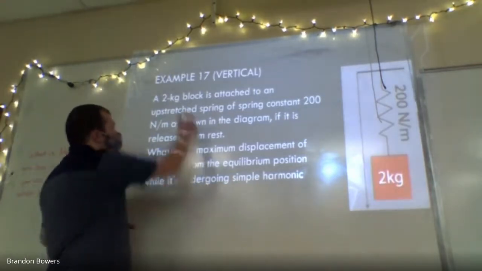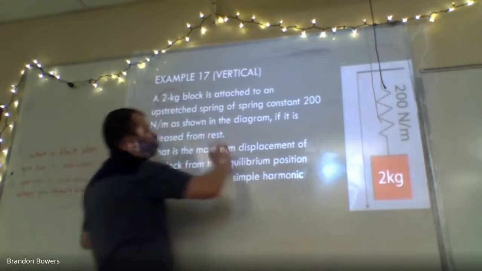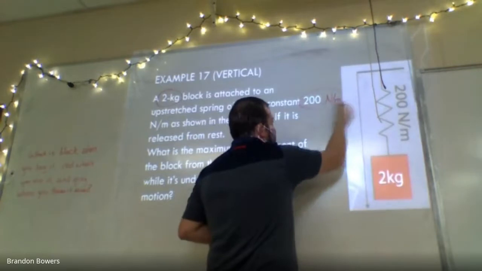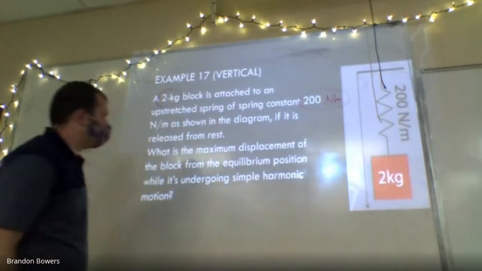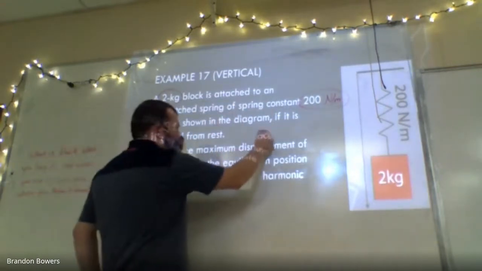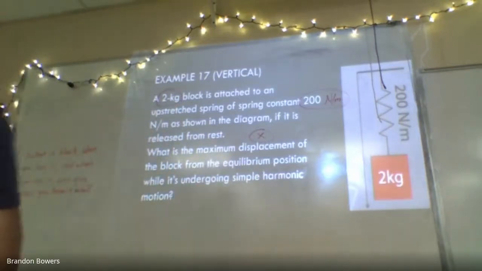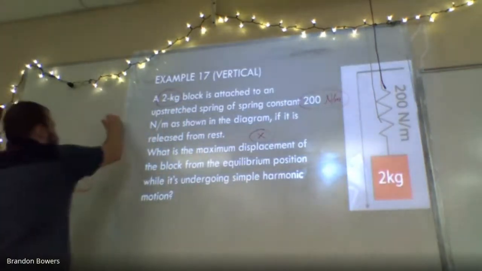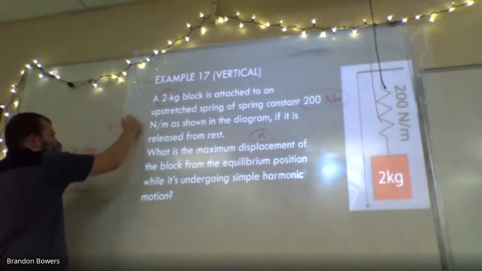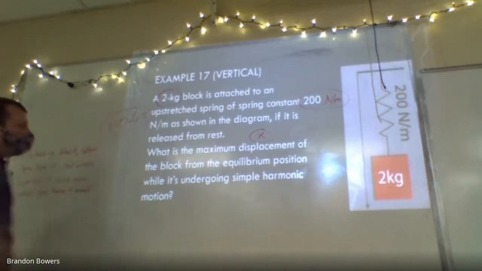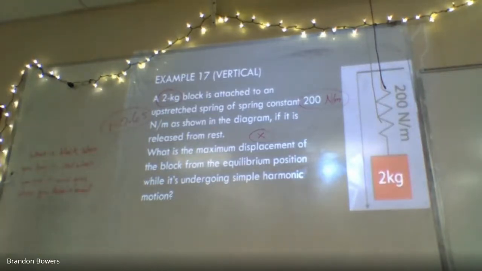We know the 200 Newton per meter. We're solving for X. On the previous problem, what did we say our period was? 0.6 was our period, just in case we need it. So we're solving for X.